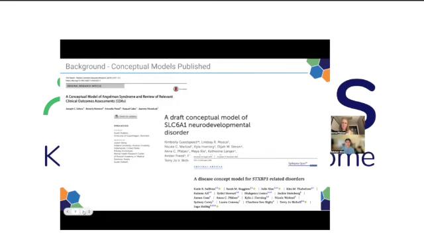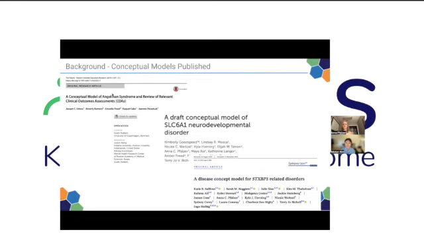Perfect. Okay, that is a perfect introduction to showing some examples of different groups and different disorders that have completed and published their conceptual models previously in the literature. These are just screenshots of a handful of papers that I found that were doing exactly this on different neurodevelopmental disorders.